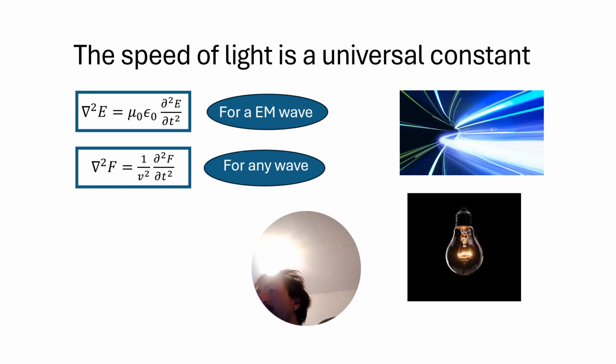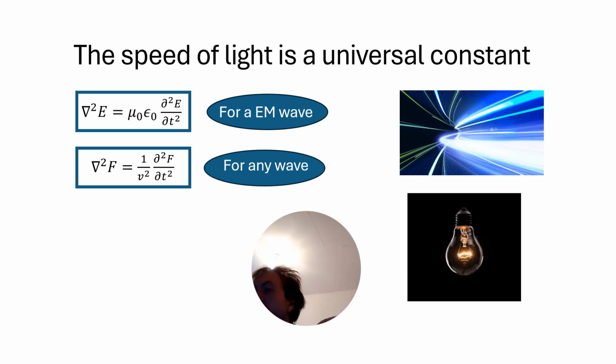So comparing these equations, we clearly see that the electric field has an equation of motion that makes it a wave. And if we now compare the two equations very closely, we can see that the 1 over v squared would have to equal mu naught epsilon naught.